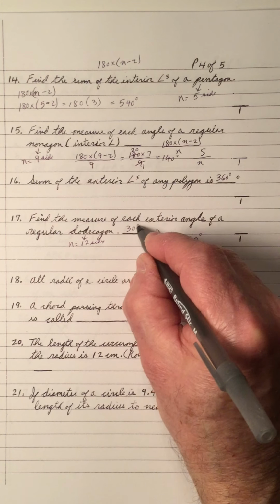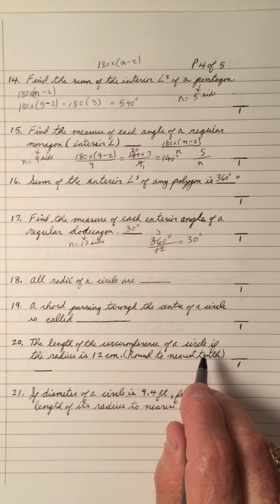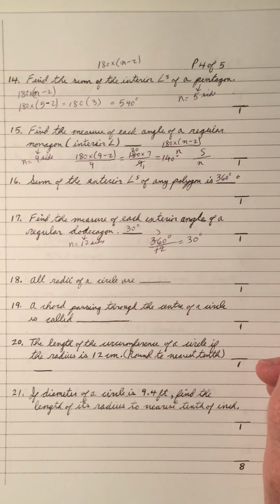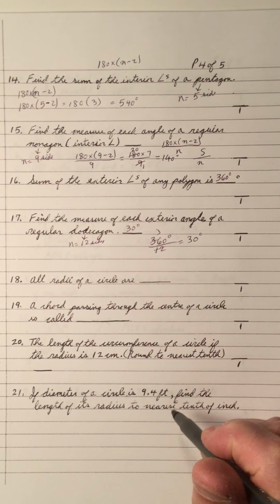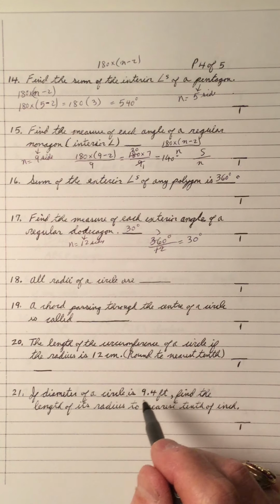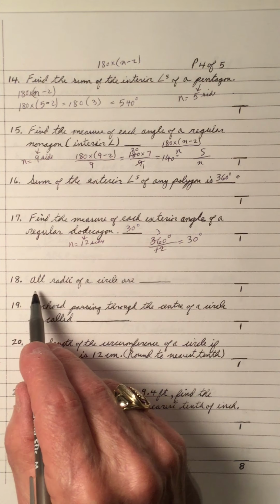So each exterior angle in a dodecagon is 30 degrees. If you draw a diagram made of 12 sides, each exterior angle is 30, and there are 12 of them, so that gives you 360 total. Let's continue.